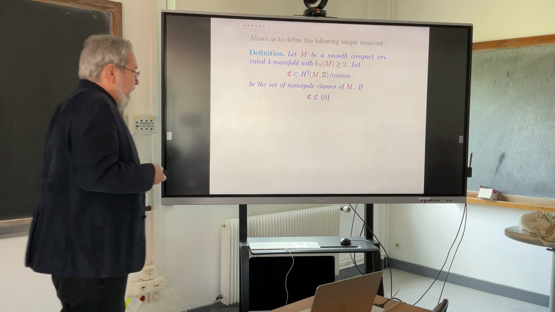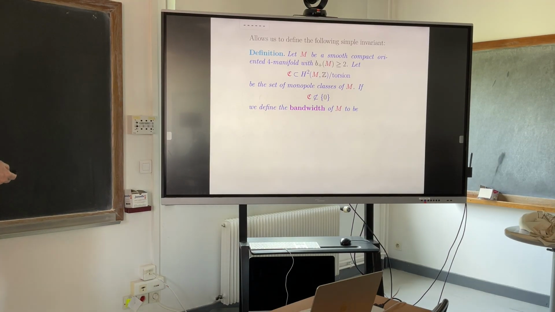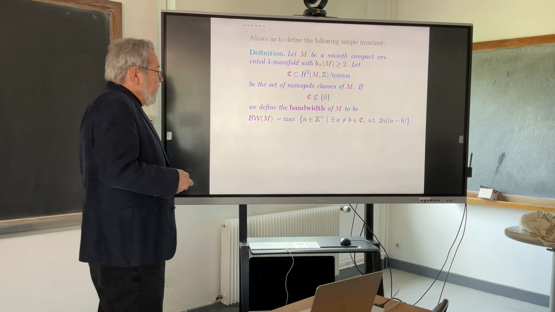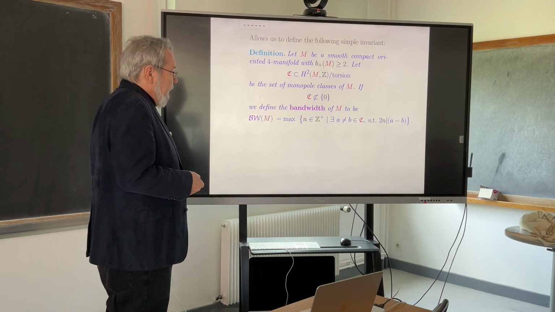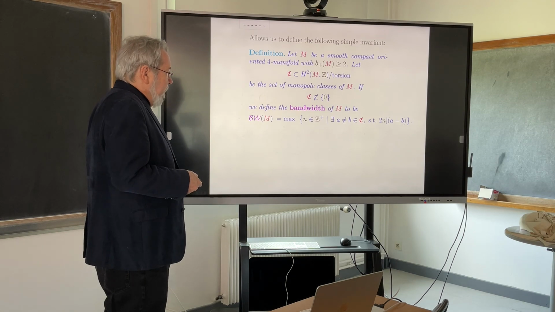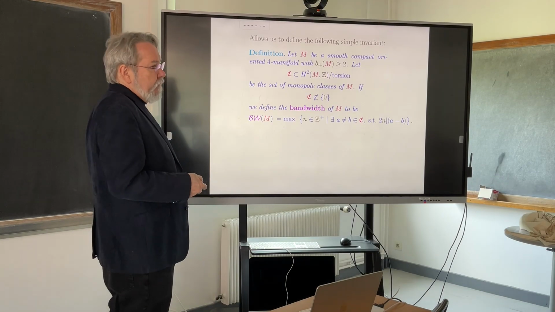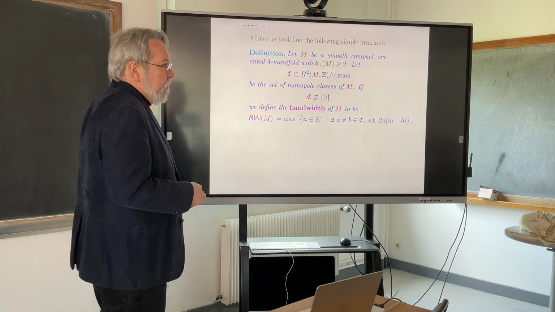than one monopole class, then we define the bandwidth of M to be, what you do is take differences of 2 monopole classes and think of those as being in the free part of the cohomology, and ask what's the largest integer that divides that difference. One could just say the largest integer here. It turns out these are always congruent mod 2 because they all have the same reduction mod 2 as w2.